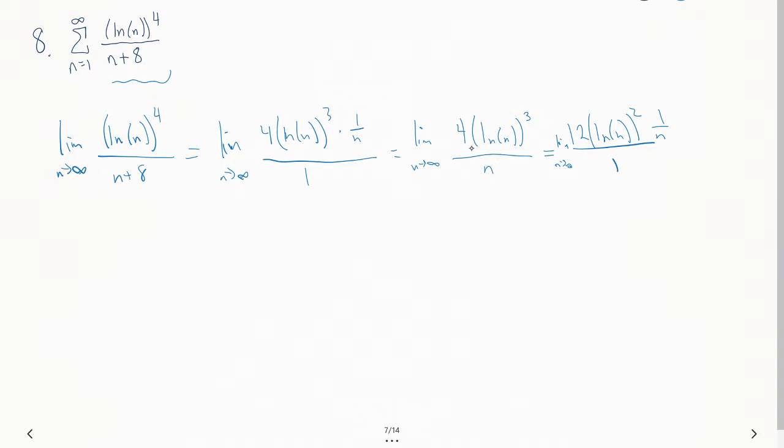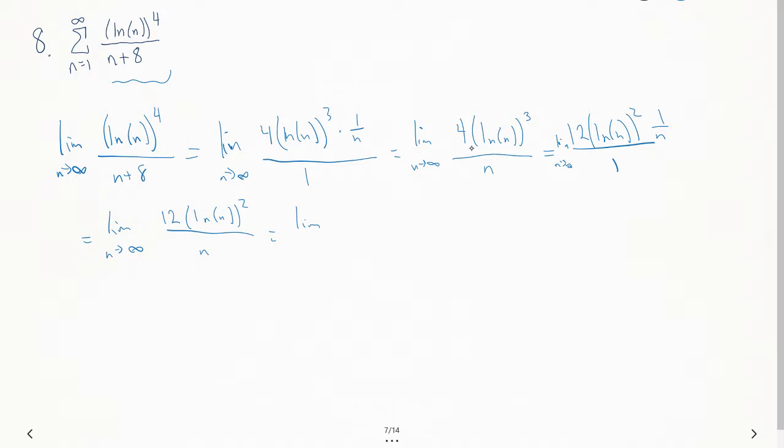The derivative of the bottom was 1. In the next one, what do we get? Well, the limit as n goes to infinity, and let's write this as 12 natural log of n, quantity squared, all over n.